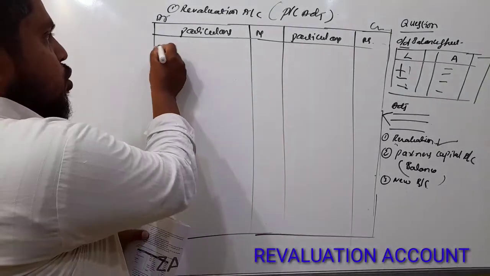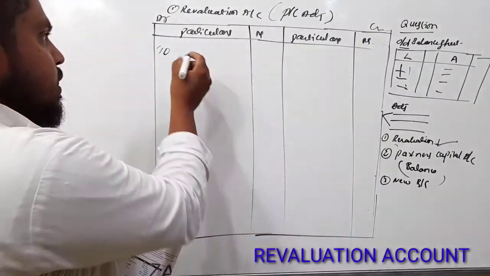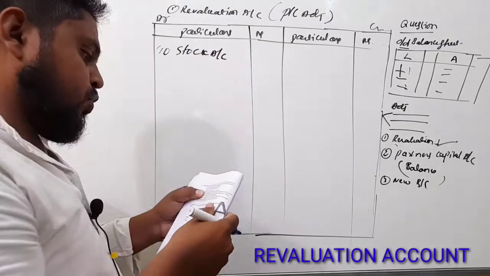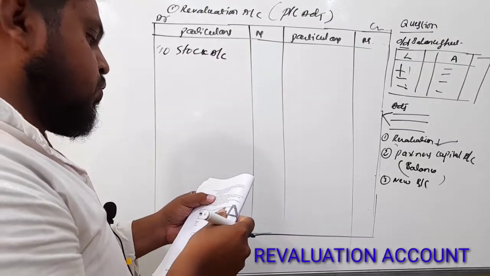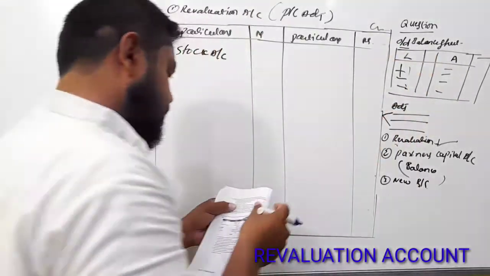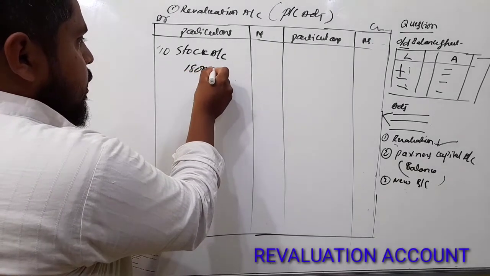So depreciation on stock, second adjustment, stock and furniture to be depreciated. So stock account. So stock, how much he has given in the balance sheet? 18,000 into 10%.